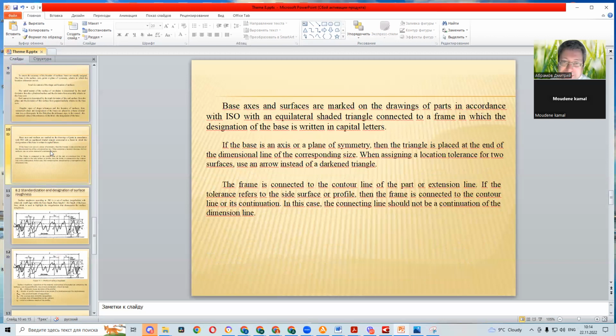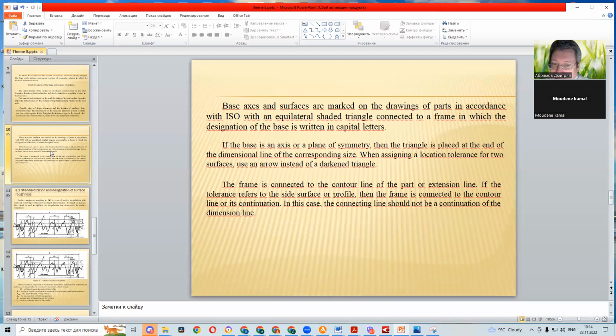Base axes and surfaces are marked on the drawings of parts in accordance with ISO with an equilateral shaded triangle connected to a frame in which the designation of the base is written in capital letters.